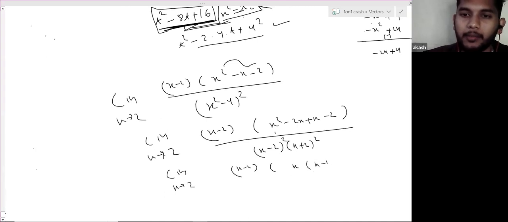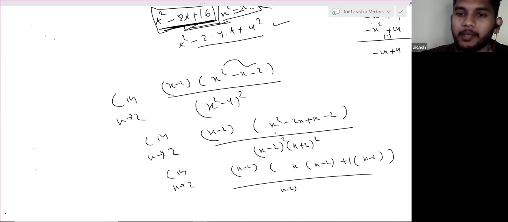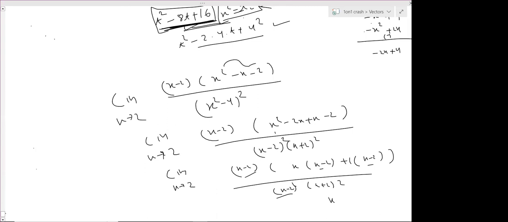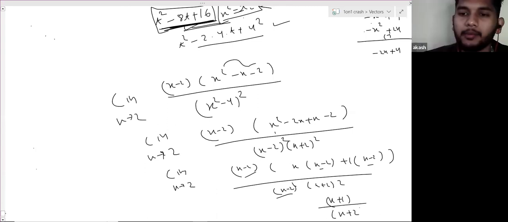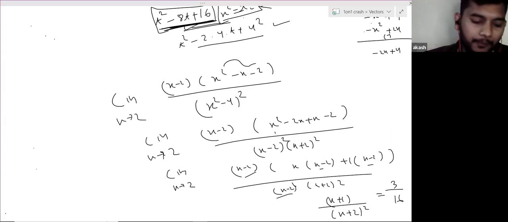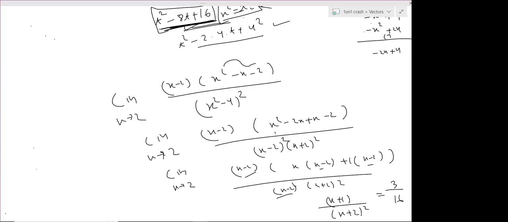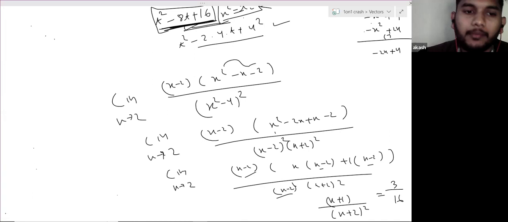This is taking x common, x minus 2, plus 1 common, x minus 2. So x minus 2 whole square, x plus 2 whole square. So I can see x minus 2 is getting cancelled here, right? So in the numerator we will get x plus 1. In the denominator we have x plus 2 whole square. So if you put x equals 2, 3 upon 16 is the answer. So factorization is clear.